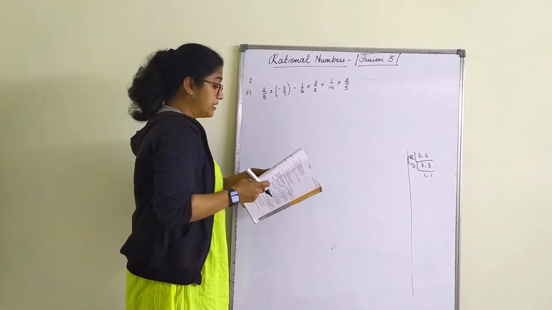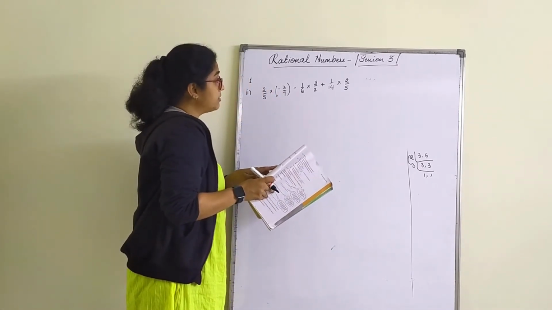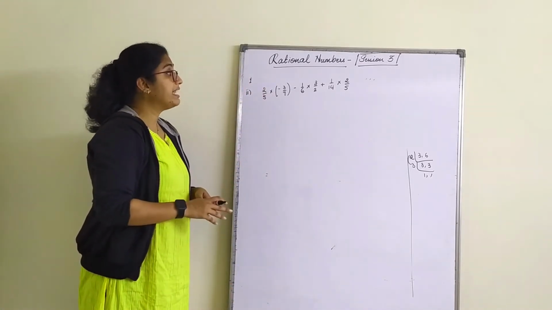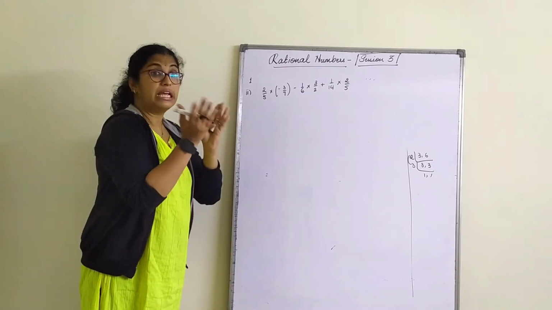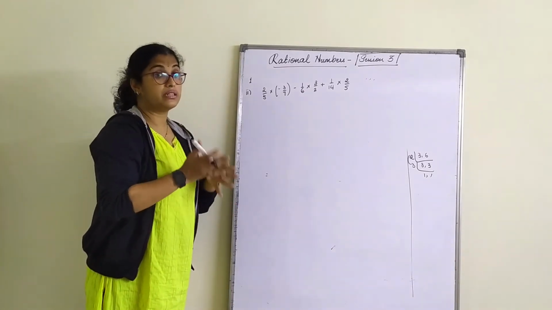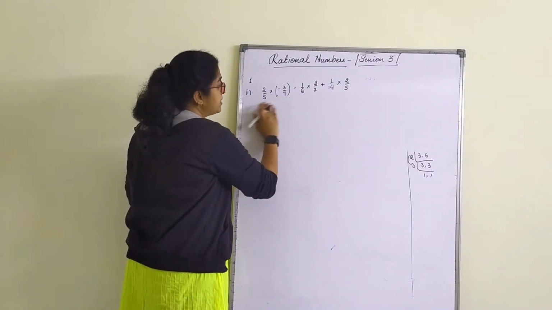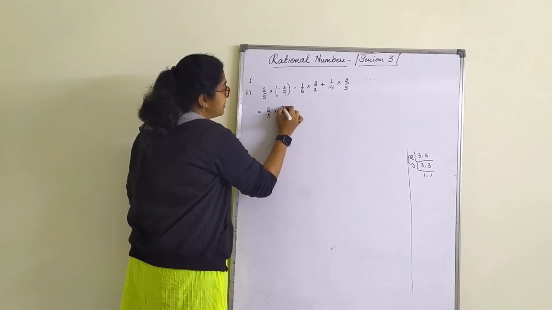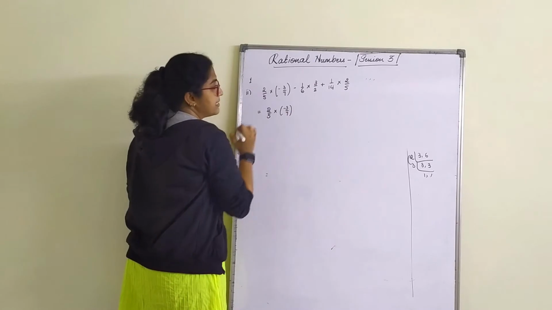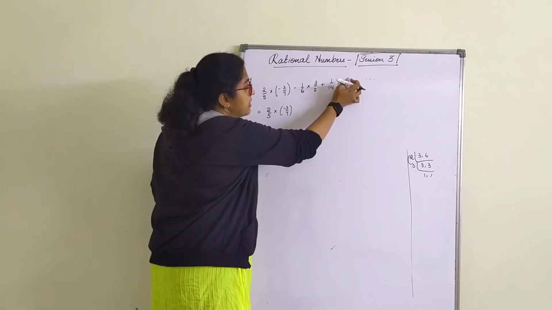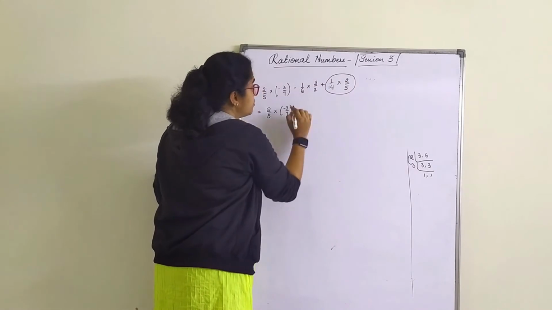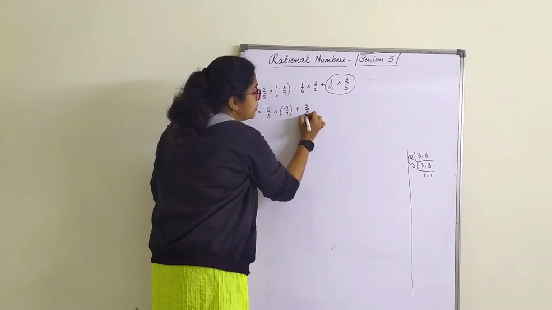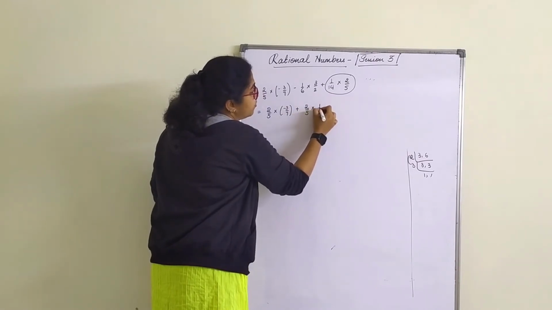Here, again you see that we have 2 by 5 in common. Let's group the terms by using the commutative law. I'll keep this term as it is, 2 by 5 into minus 3 by 7. Now this is one whole term, correct? So I will write here plus 2 by 5 into 1 by 14.